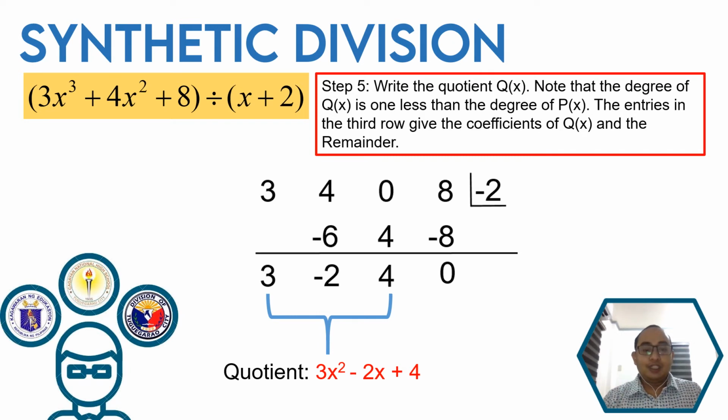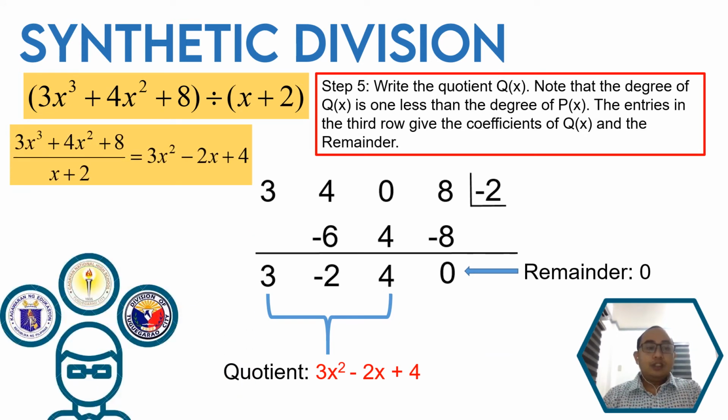So that means to say it's 3x squared, because our dividend has a degree of 3, then we have to subtract 1 from it. We have therefore 3x squared minus 2x plus 4, and the remainder now is 0. So now we write it as 3x cubed plus 4x squared plus 8 divided by x plus 2 is now equal to 3x squared minus 2x plus 4.